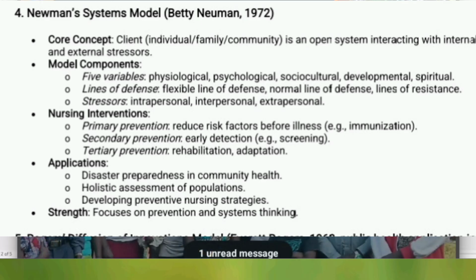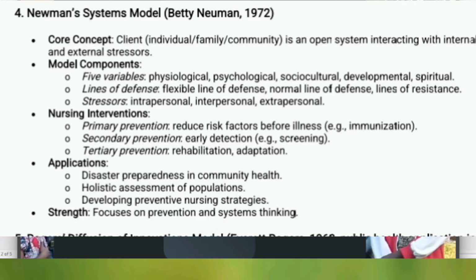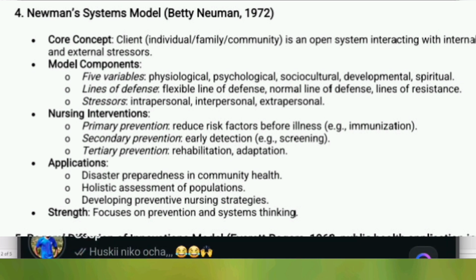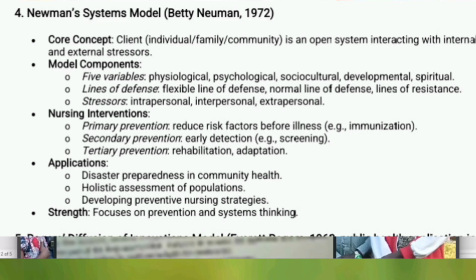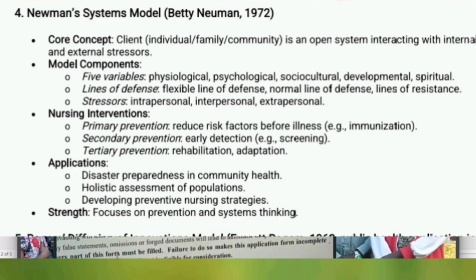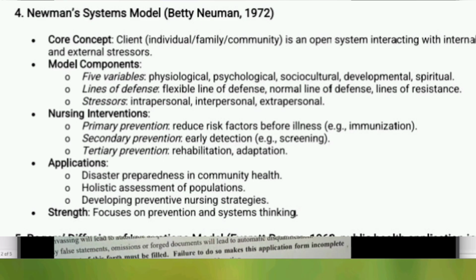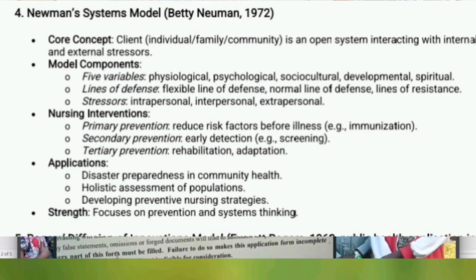And in the individual, we have the internal issues that we normally look at, the internal resistance, that is the immunity that you have. So we normally talk of lines of defense: the flexible line of defense, the normal line of defense, and lines of resistance. So that is to the patient.